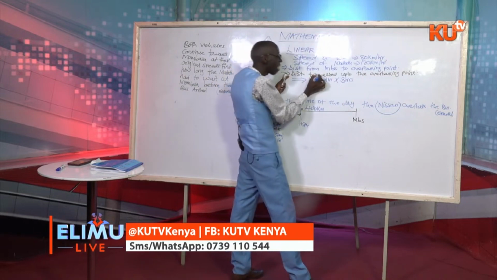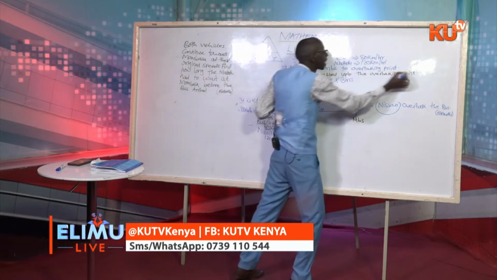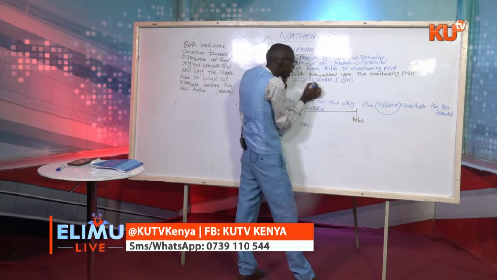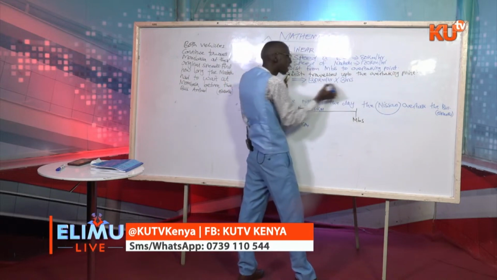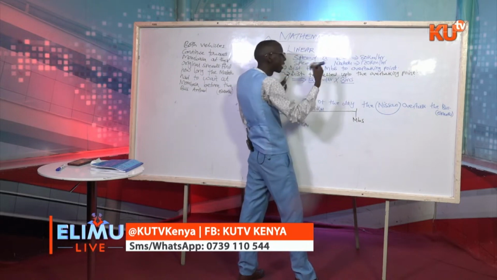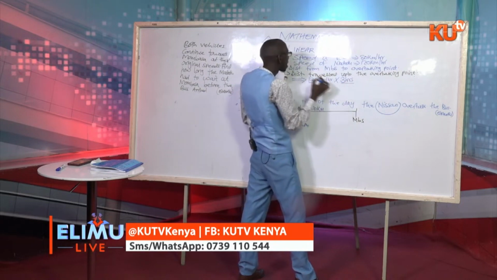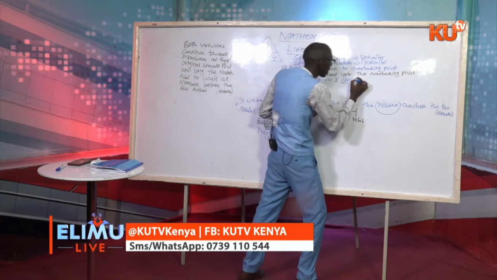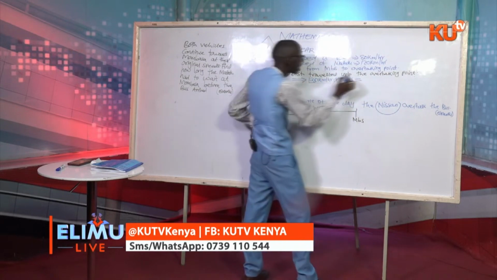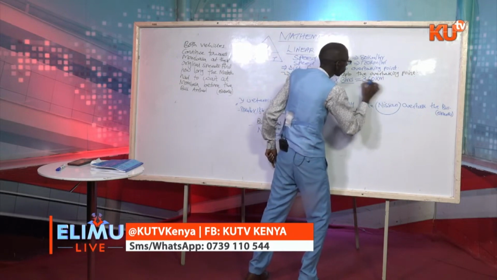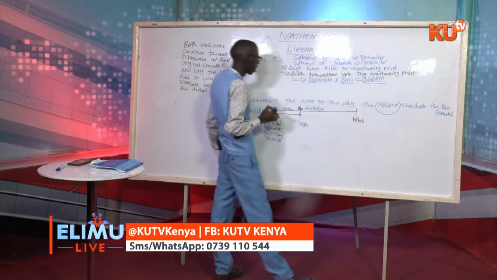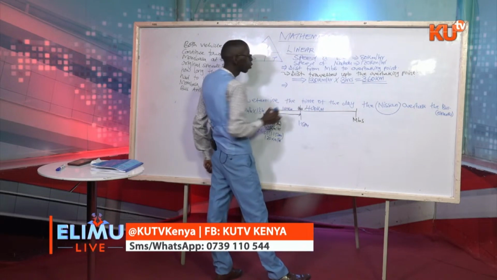The distance traveled up to the overtaking point. The speed of the Nissan, because it's the one that overtook the bus, times the time it took to overtake the bus will give us the distance up to the overtaking point, which is 360 kilometers.